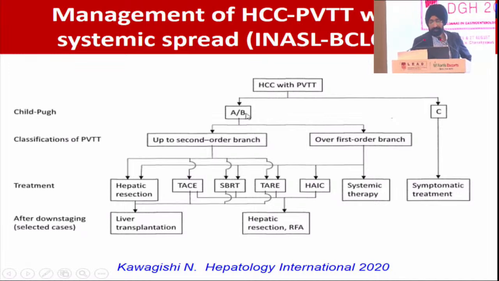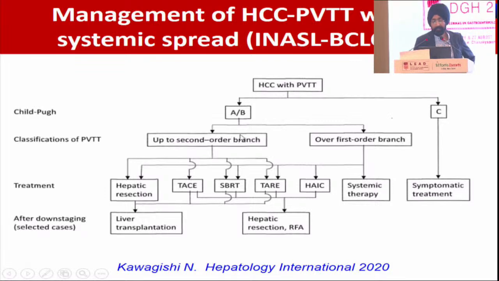If they have decent liver function but VP4 tumor thrombosis, then they will initially be taken up for systemic therapy, because patients with VP4 generally don't do very well with ablative, resectional or transplant options initially. But if the tumor biology proves not so deadly, then selected cases can have ablative treatment, even leading up to transplantation.